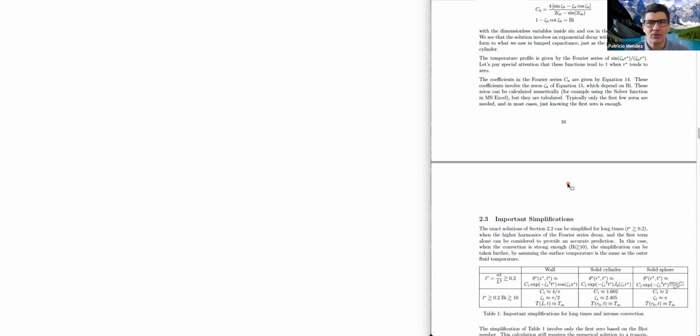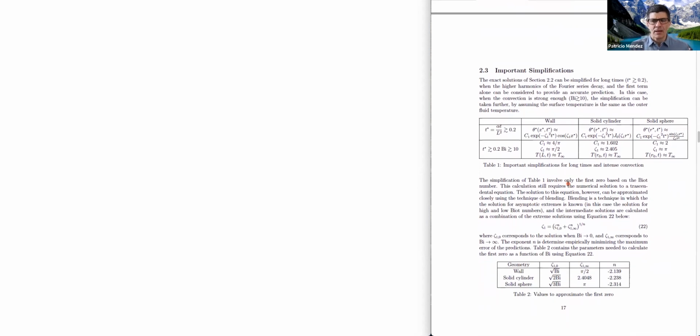But this gets better, because this is only the beginning of the beauty. Under some conditions, these equations are even simpler. What are the conditions? If the dimensionless time, remember T star is a formal way of writing it, some people call it the Fourier number. In the book, you're going to see it listed as Fo.